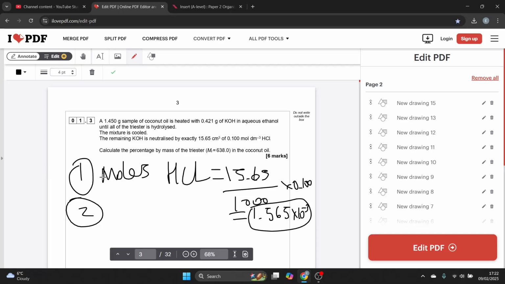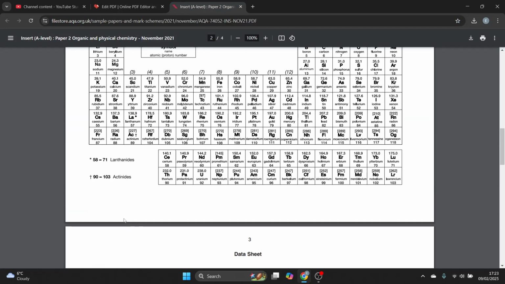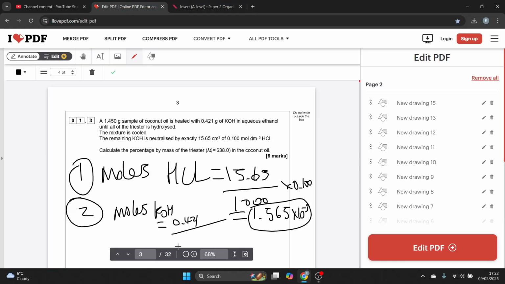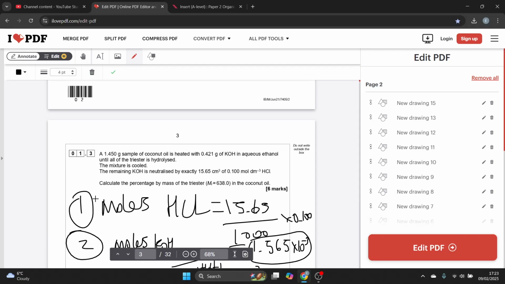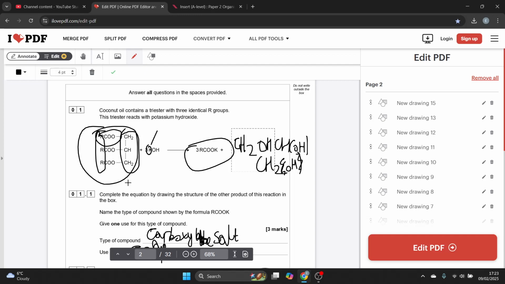Then I'd find out the moles of potassium hydroxide. 0.421 divided by the MR of potassium hydroxide, which is 39.1 plus 16 plus 1, which is going to be 7.50 times 10 to the power minus 3.